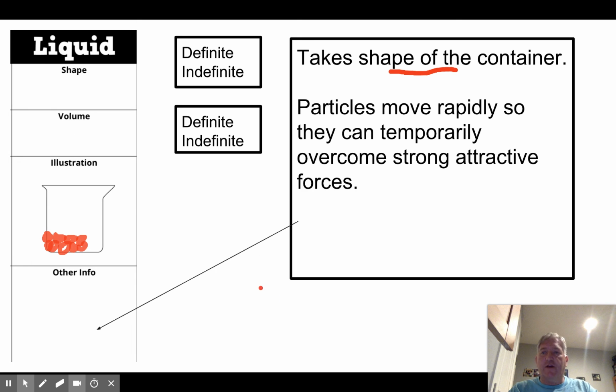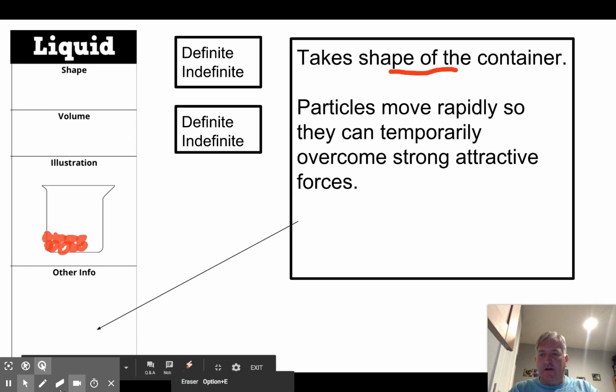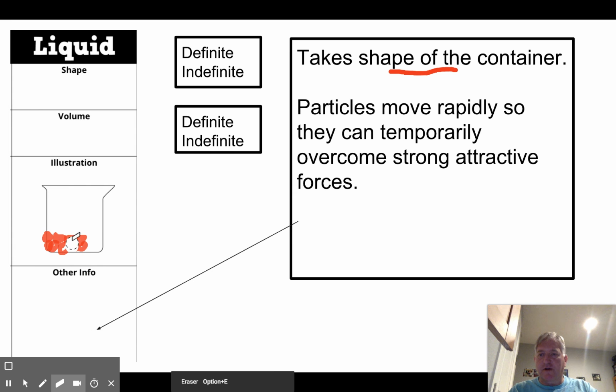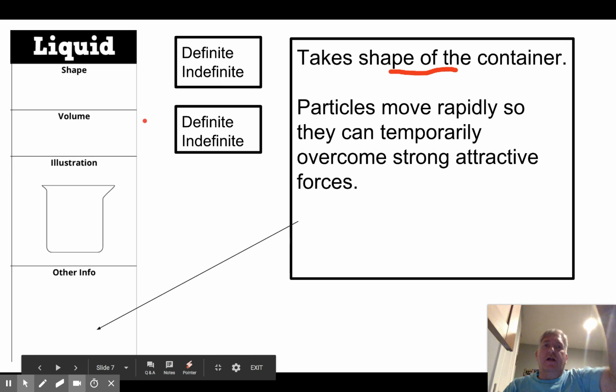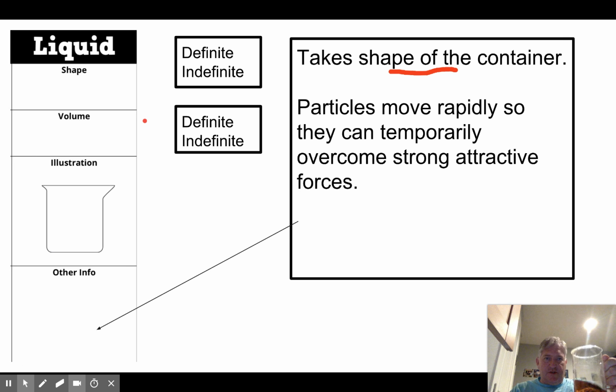All right, now we're talking about liquids. We don't need this picture now. Does liquid have a definite shape? Well, liquids will take the shape of their containers.